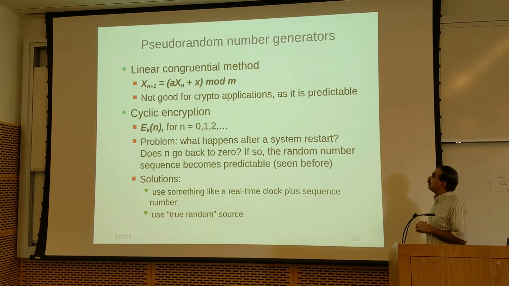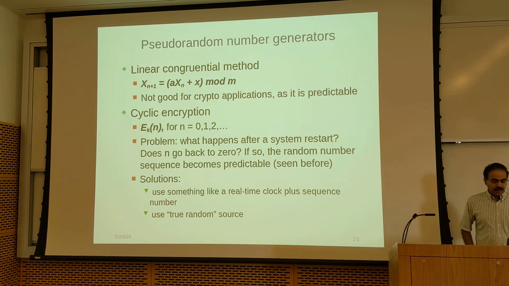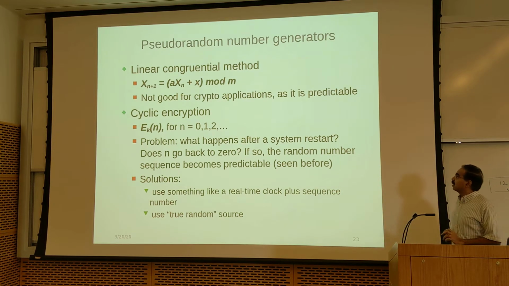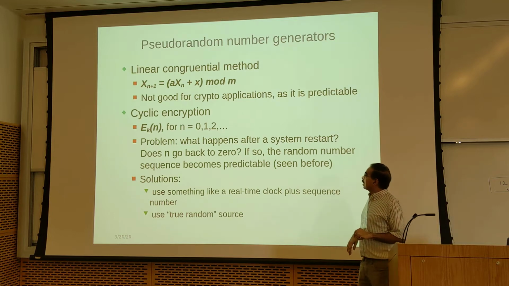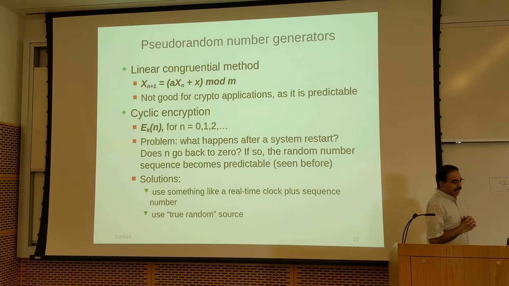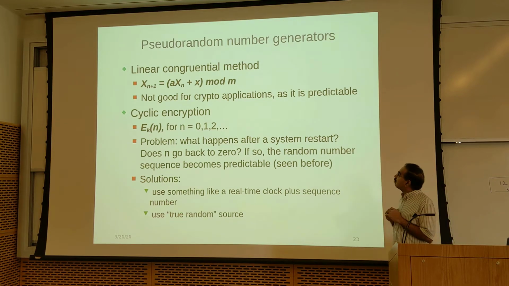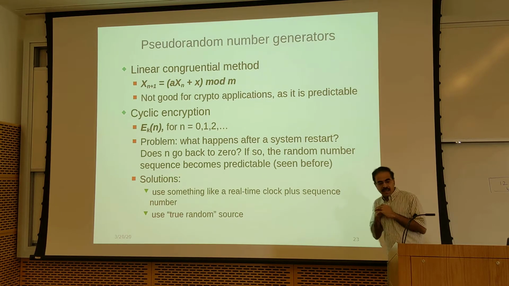One of the most common random number generators is the linear congruential method, which simply takes the previous number x_n, multiplies it by a constant a, adds another constant c, and then computes the result modulo some base m.